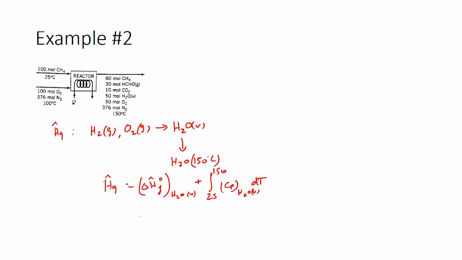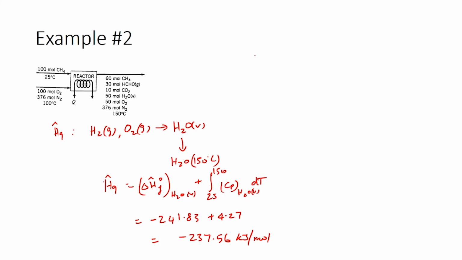Now H9 cap would be equal to minus 241.83 plus 4.27, which would be equal to minus 237.56 kilojoules per mole. So, now we have all the specific enthalpy values. We can fill out the table and calculate delta H dot.